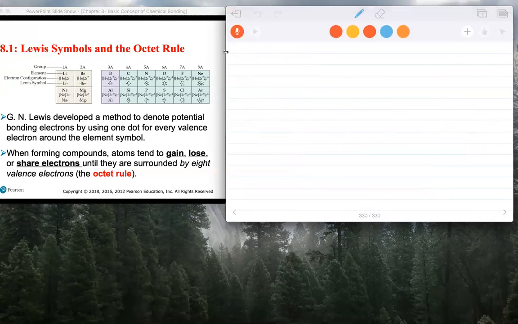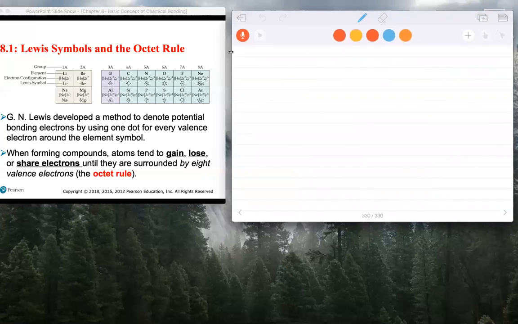In relation to Lewis and the octet rule, all right, when main group elements react, they make use of their valence electrons in chemical bonding, and it is very easy to figure out the number of valence electrons for a main group element. If you look at a portion of the periodic table right here, there is group 1A, group 2A, 3A, 4A, 5A, 6A, 7A, and 8A.